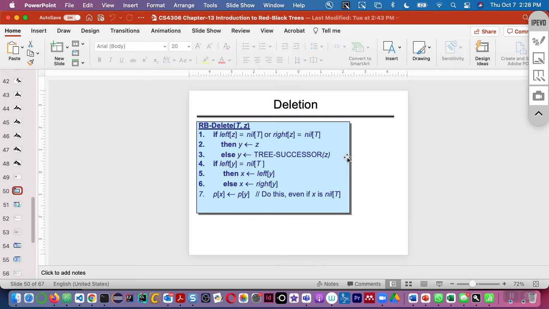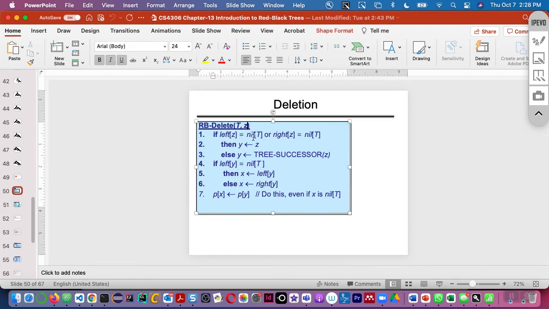So here is the deletion algorithm. For instance, say T is a tree and G is the node we want to delete.